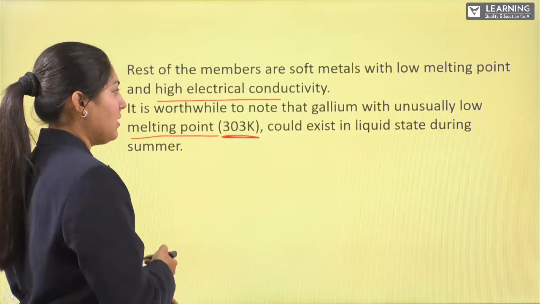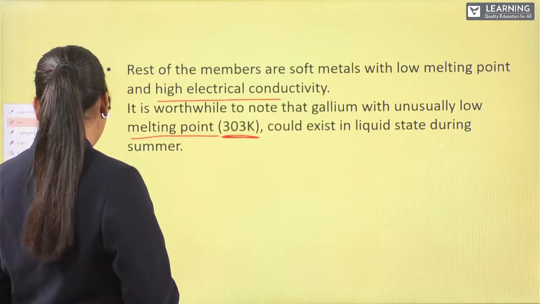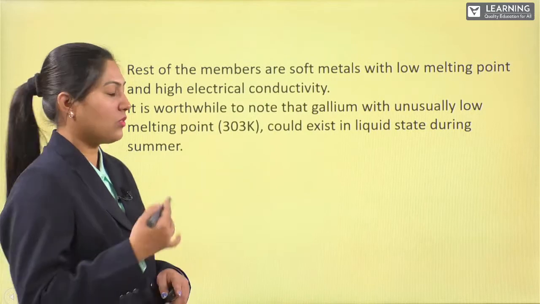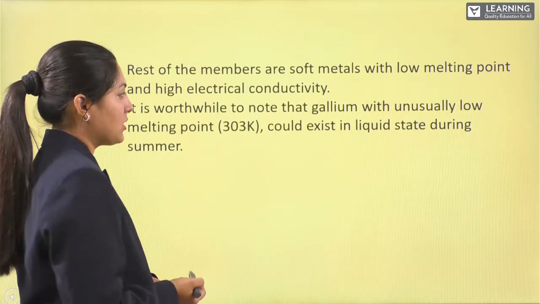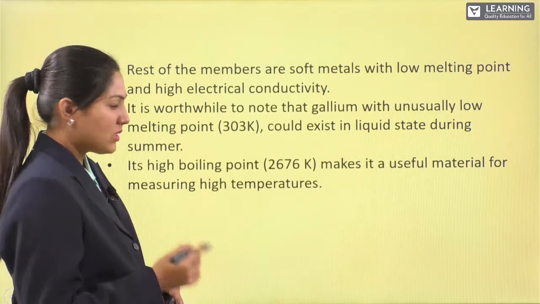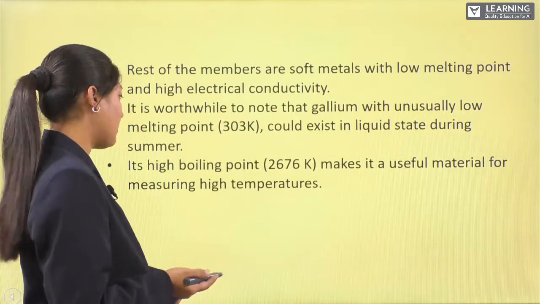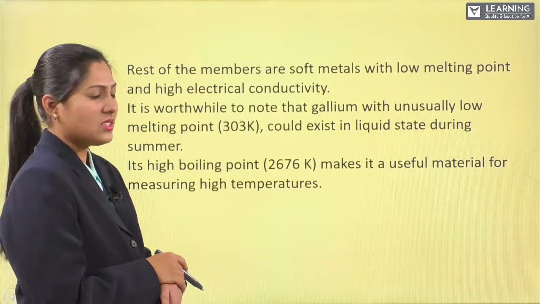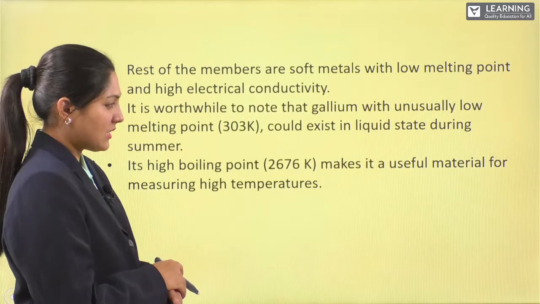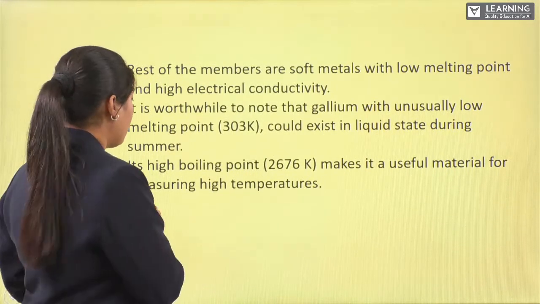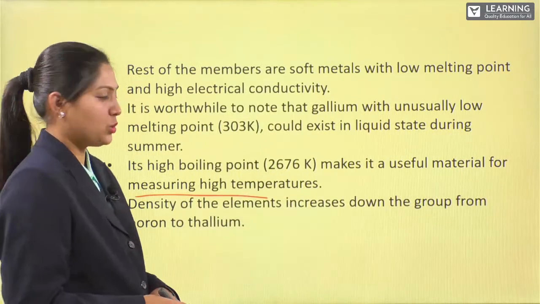It exists in liquid state during summer, because summer will have more than 33-34 degrees Celsius. Its high boiling point, 2676 Kelvin, makes it a useful material for measuring high temperatures.